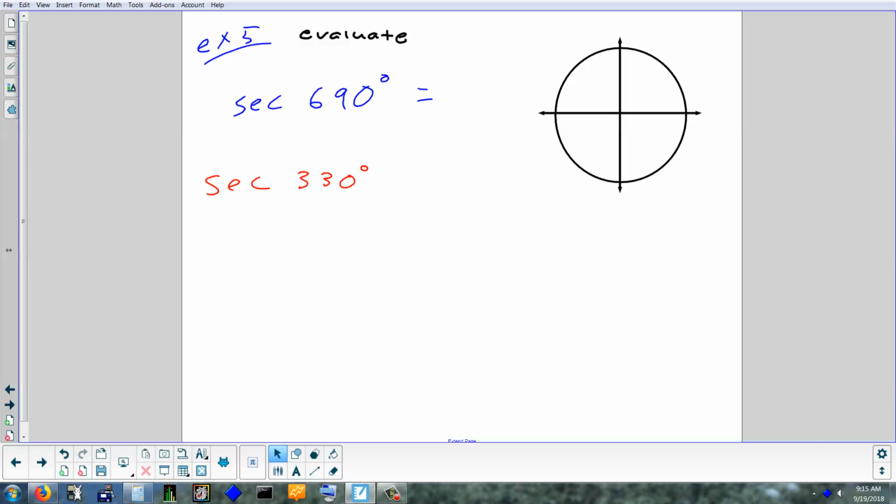Okay, so 330. Well, I know this is 270. I know that's 360. So now I go through all the questions in my head. Is 330 right in the middle? Closer to 270? Closer to 360? It's closer to 360. So I'm going to put the dot closer to 360.